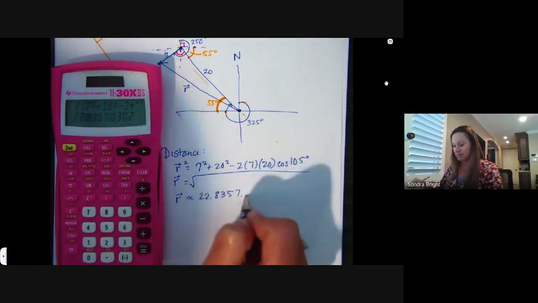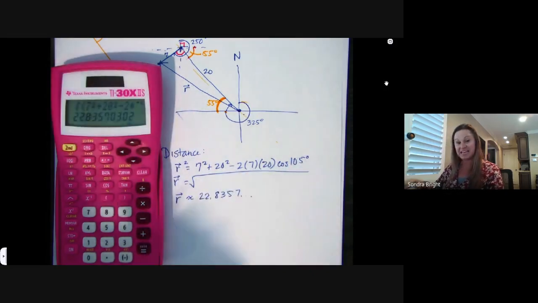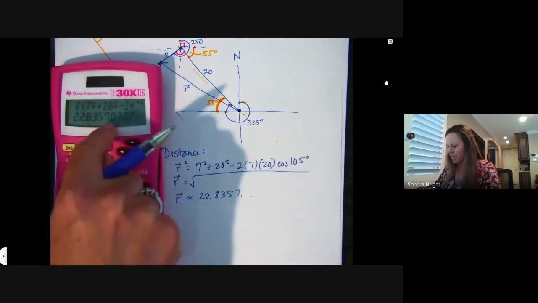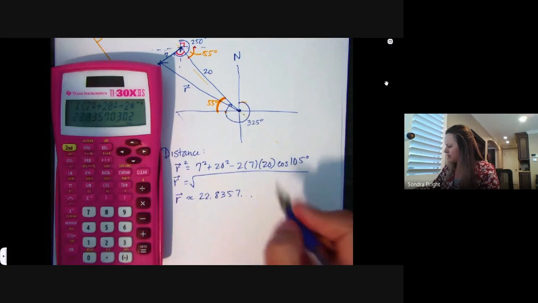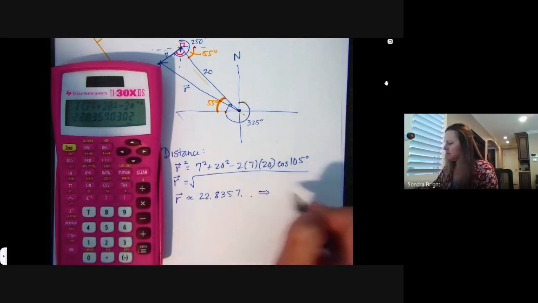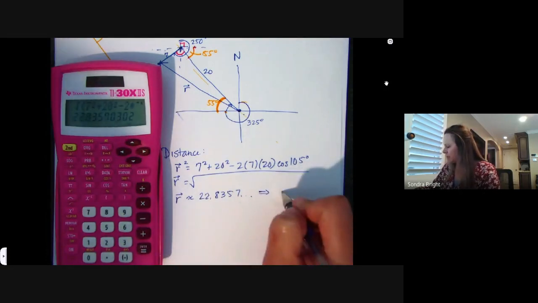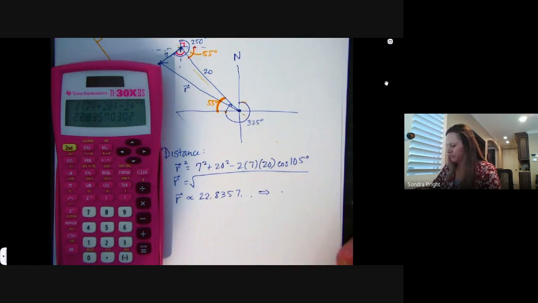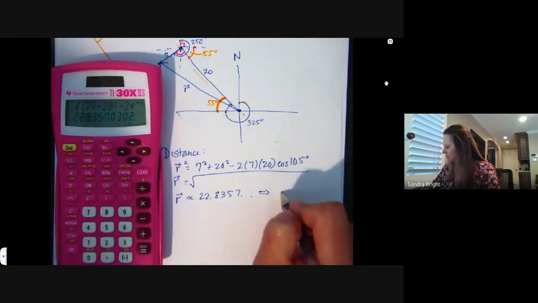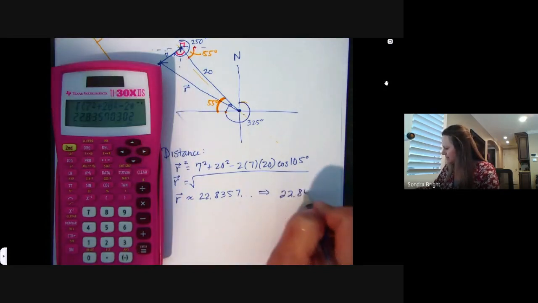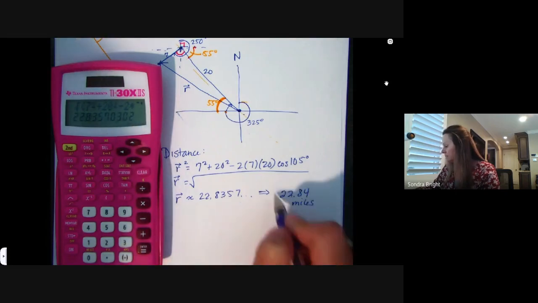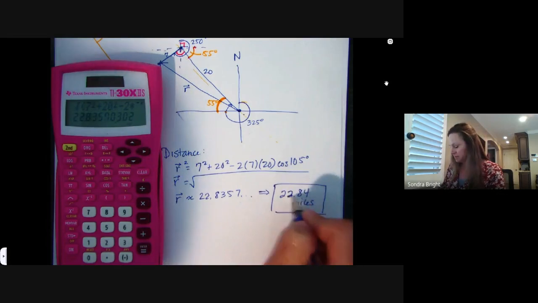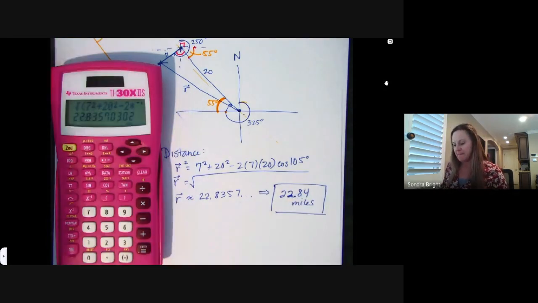I'm going to round it, but I'm also going to store this because I'm going to need it for the bearing. And so that will end up giving me my answer. Let's go to the tenths spot. 22.84 miles is the distance of the displacement from where he started until where he ended. 22.84 miles.